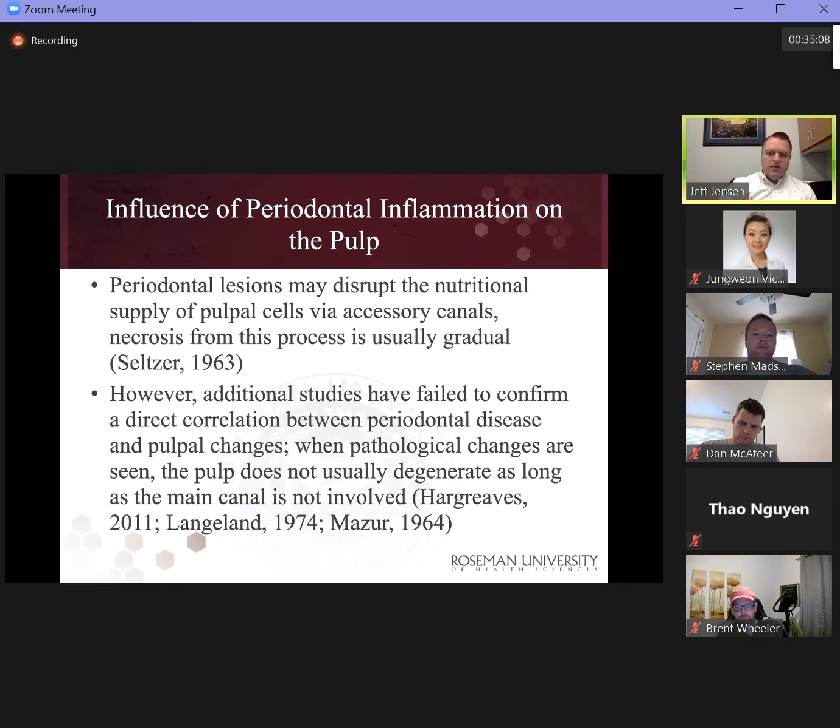Like I was saying, the majority of the nutrition and blood flow of the pulp happens at the main apical canal, not an accessory canal. So as long as that main canal is unaffected, typically your changes are going to be small to none. You may see some changes if an accessory canal is affected, but they would most likely be minimal.